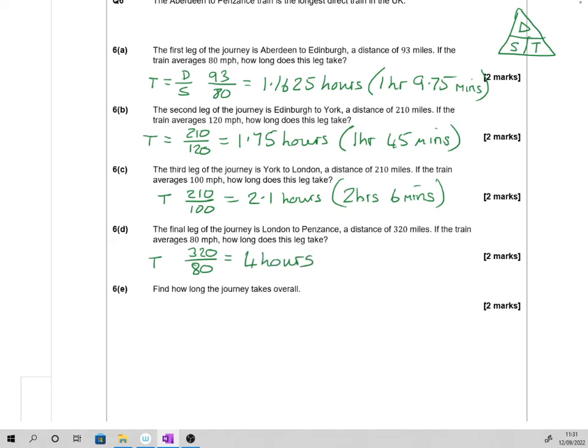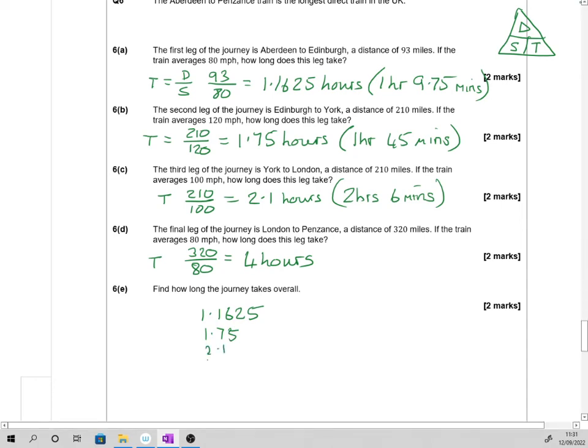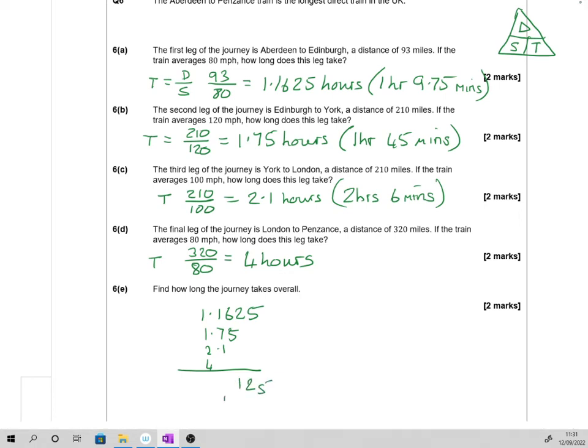How long does it take overall? Right, I'm going to do all the decimals. So I'm going to add 1.1625, 1.75, 2.1 and 4.